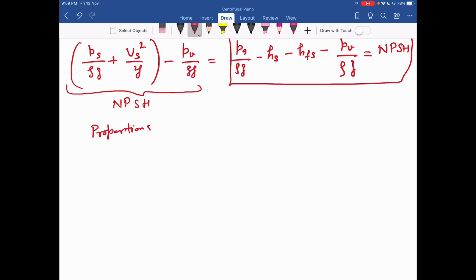Proportions for centrifugal pump. So first is the speed ratio.